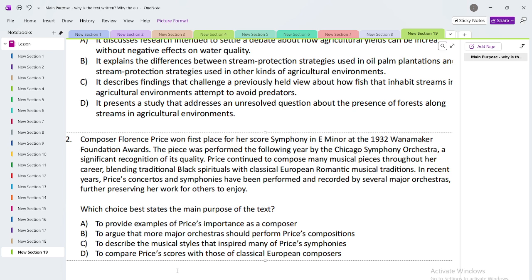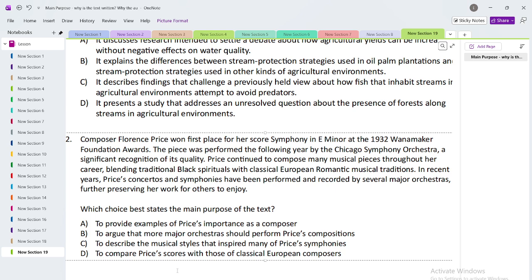All right. In recent years, this woman's concertos and symphonies have been performed and recorded by several major orchestras, further preserving her work for others to enjoy. So it's talking about how this woman created these different pieces, and how they are also kept preserved because others are performing them.